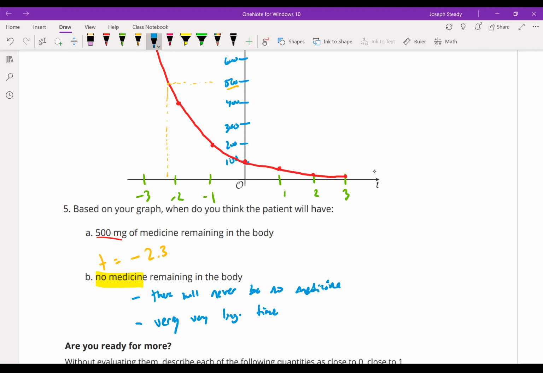Because if we think about real life, we will eventually have none of this medication in the body. That last molecule of it will eventually go out. But mathematically, it's very easy to make either of these arguments, that there's always going to be at least a little bit, or after a very, very, very long time, we are definitely headed towards 0.